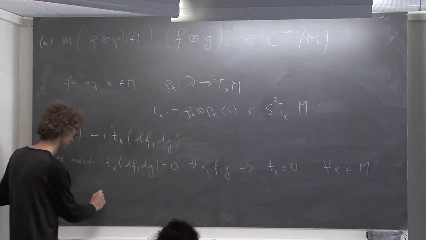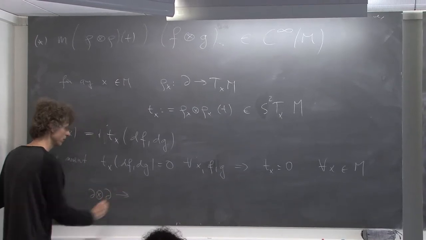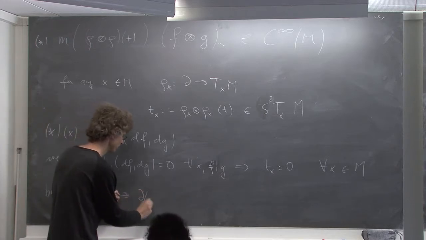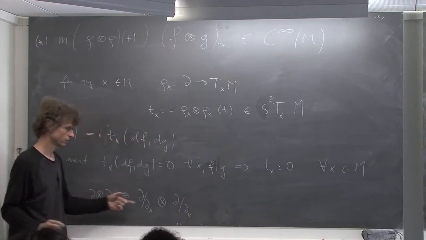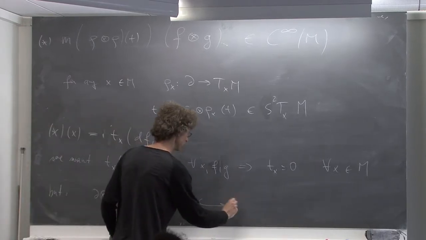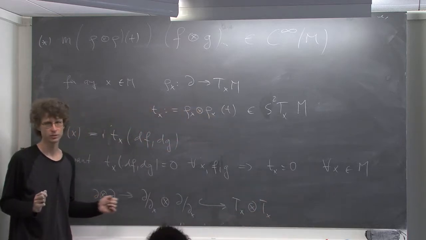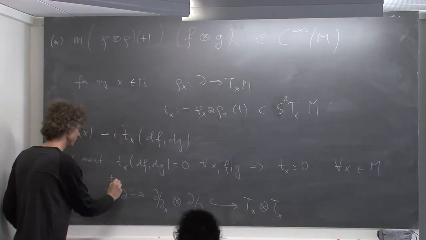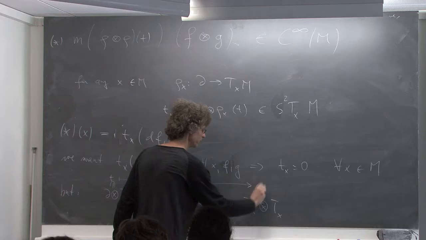We go from D tensor D, first we divide by the kernel, so we go to D mod 𝔡x tensor D mod 𝔡x. And once we're here, our map T_x tensor T_x is injective because we killed the kernel. So we start with T, and it's mapped all the way here to 0.